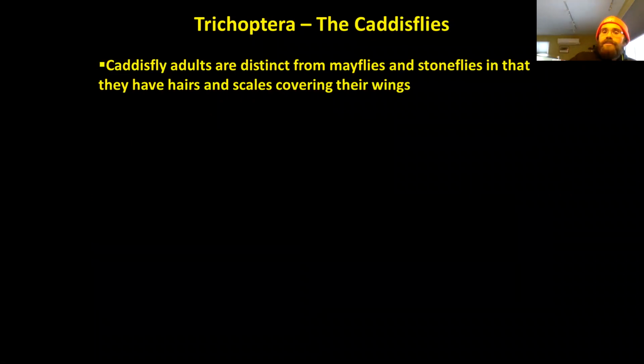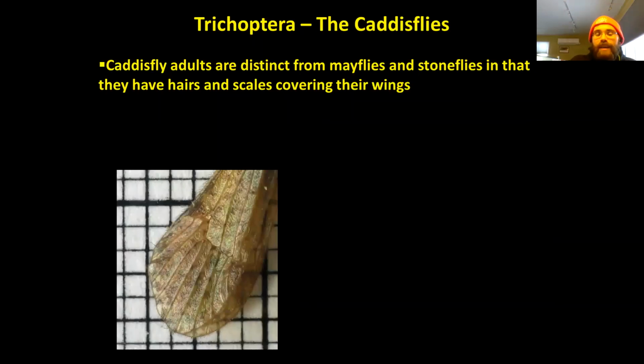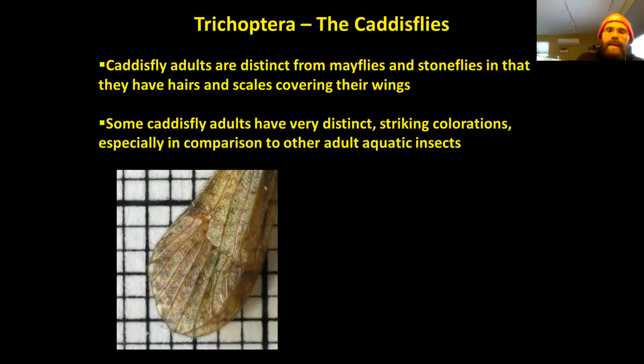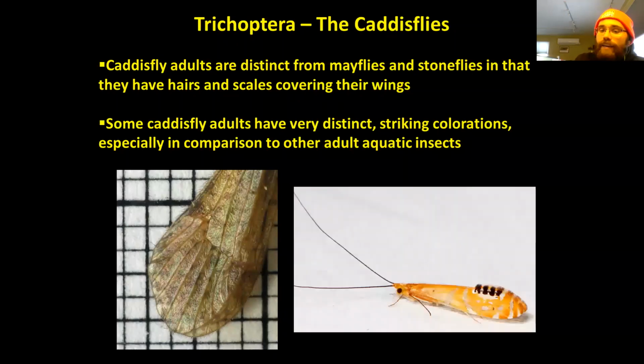Caddisfly adults are distinct from mayflies and stoneflies in that they have hairs and scales covering their wings. So you can see some hairs on the wings, as well as scales, very similar to moths. And some caddisfly adults have very distinct, striking colorations, especially in comparison to other adult aquatic insects.